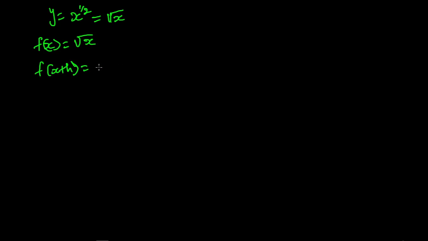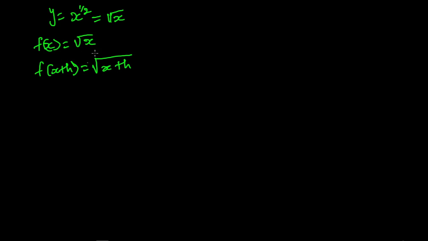Let's look at another example: y equal to x raised to the power of 1 over 2. We know that x raised to the power of 1 over 2 is the same as the square root of x. So that means our f of x is equal to the square root of x, and our f of x plus h is equal to the square root of x plus h. We always replace x with x plus h.